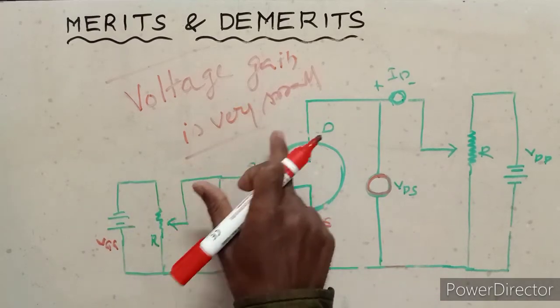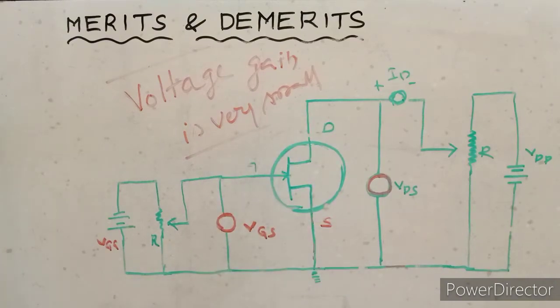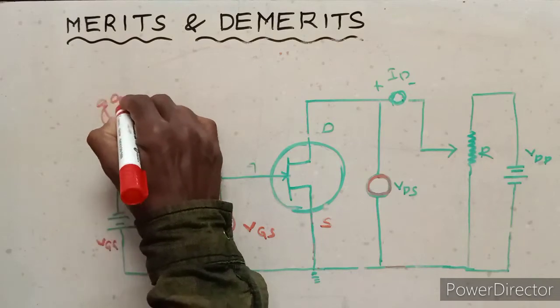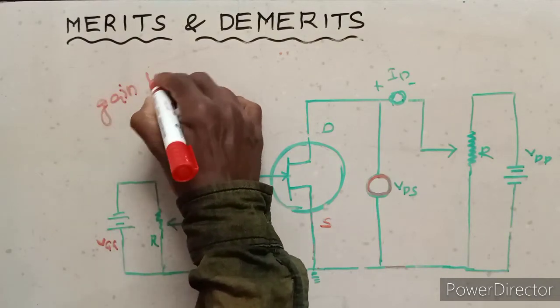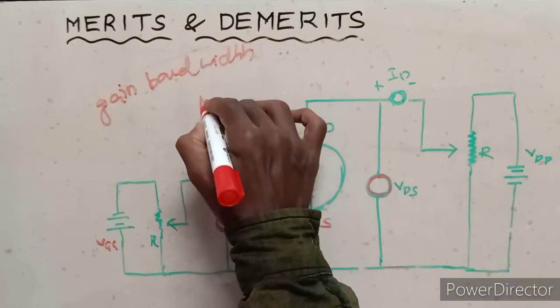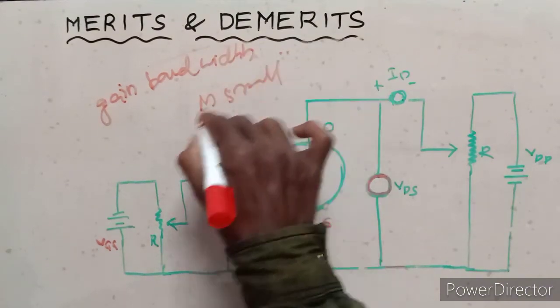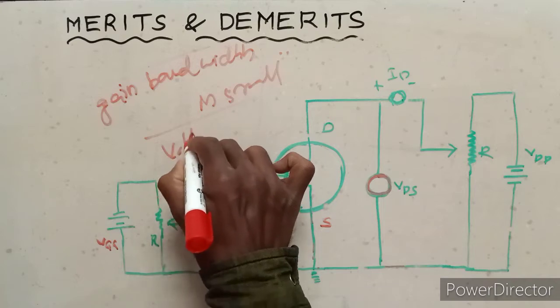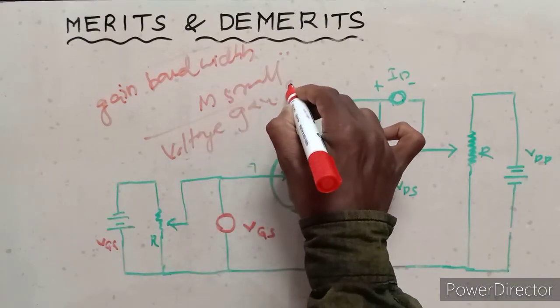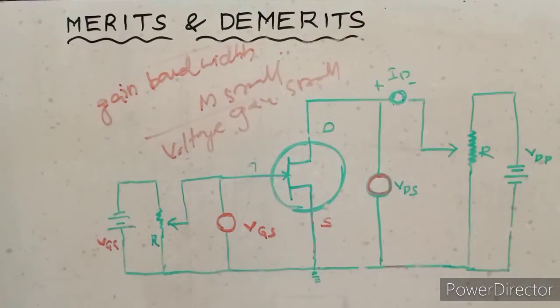So voltage gain is very small. These two are demerits of the FET: gain bandwidth is small and voltage gain is small.